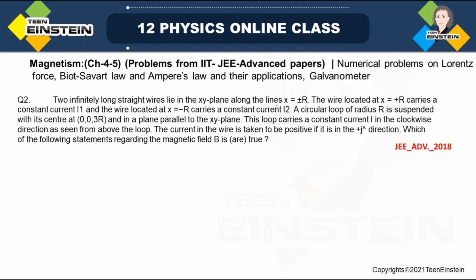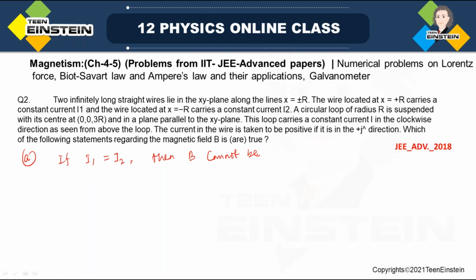Hence the magnetic field can be zero at the origin. Obviously that depends on the values of I1 and I2, but there is a possibility. So B can be equal to 0 at the origin. So this is also actually true.